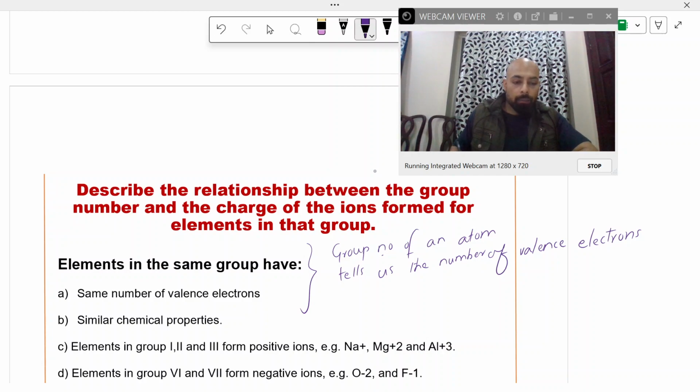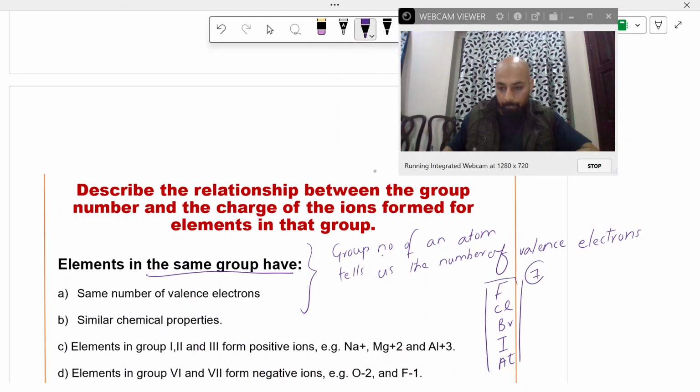Each element in the same group has the same number of valence electrons. For example, let's take halogens: fluorine, chlorine, bromine, iodine and astatine. All of these elements belong to which group? Group 7. So what can I predict about their properties?